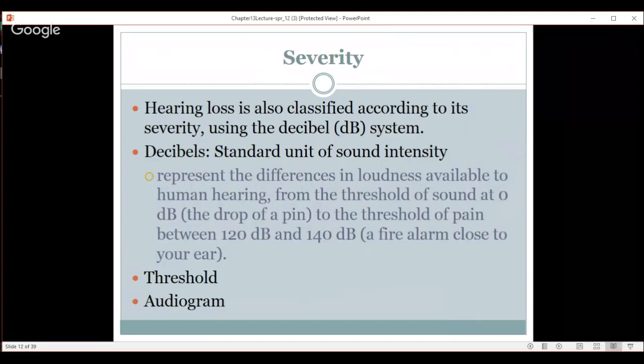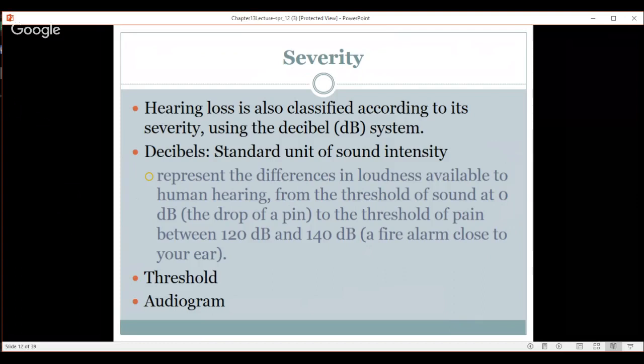Hearing loss is also classified according to its severity using the decibel system. And decibel, Alexander Graham Bell, the BEL at the end of that word. Decibels are standard units of sound intensity.